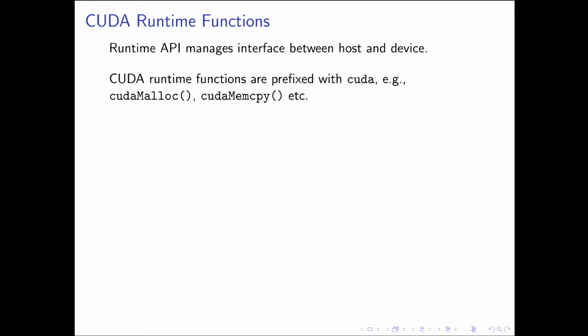There's also the driver API that I briefly mentioned, and the driver API is also a C API, and those functions also have a common prefix, cu, so the prefix cu can be used to identify the driver API. The driver API has prefix cu, and the runtime API that we will concentrate on in this lecture has the prefix cuda.